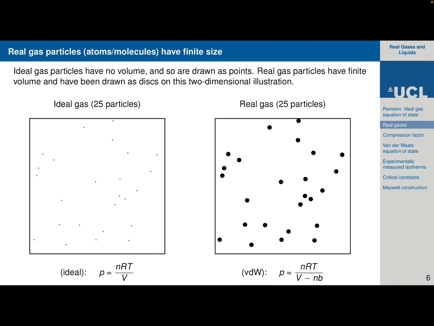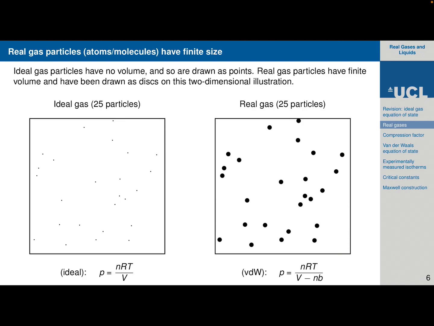Okay, so here now I've got some slides to illustrate these ideas, right? So let's first look at the idea that gas particles have a finite volume. So what I've done is I've just made these two simple diagrams representing our volume of gas in a two-dimensional drawing. Okay, so in each of these boxes we have 25 particles. Obviously I can't draw real infinitesimal particles, but the idea of the plot on the left is that these 25 dots you see in there are infinitesimally small particles in our ideal gas model.